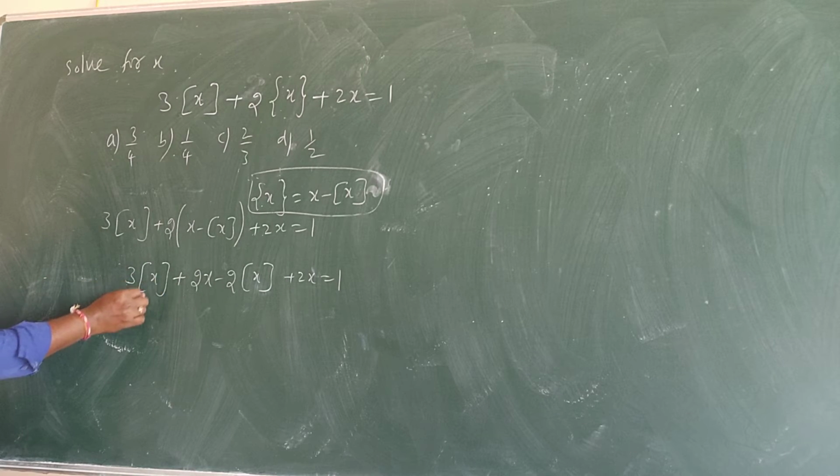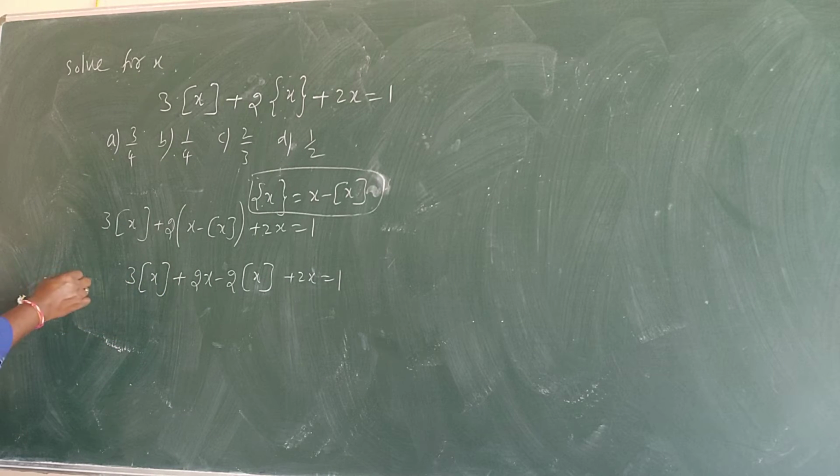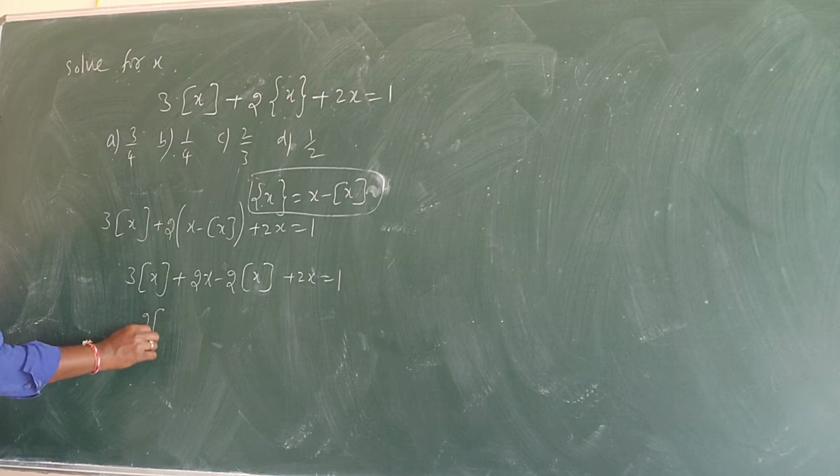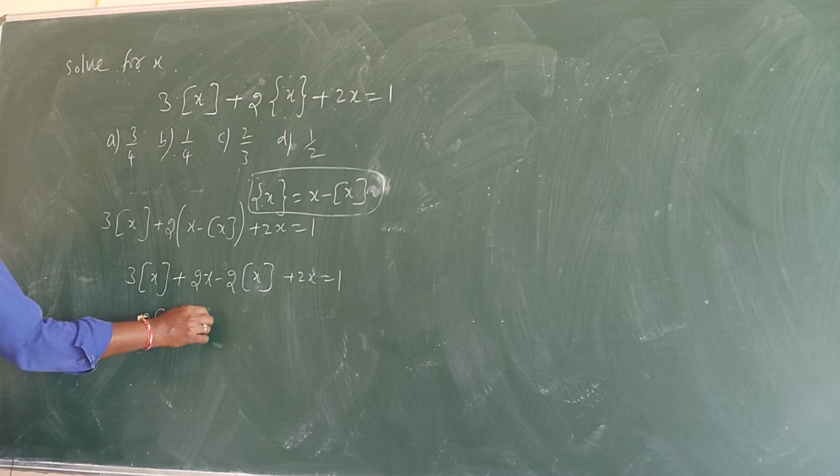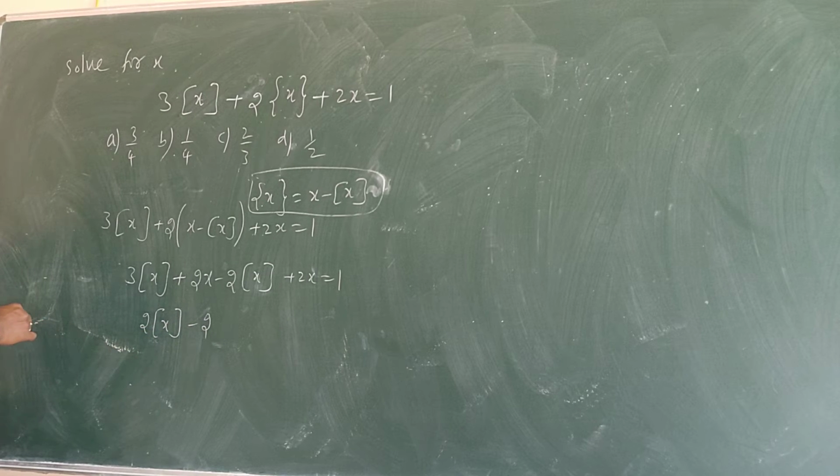So 3 greatest integer x, can I write it as 2 greatest integer x plus one greatest integer x?